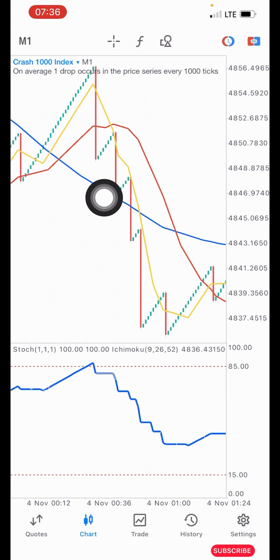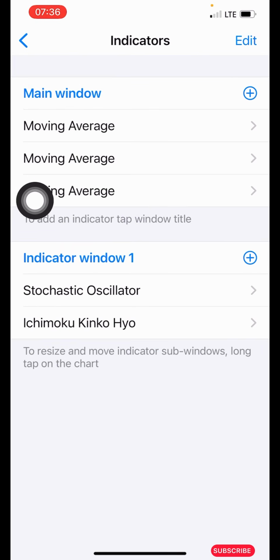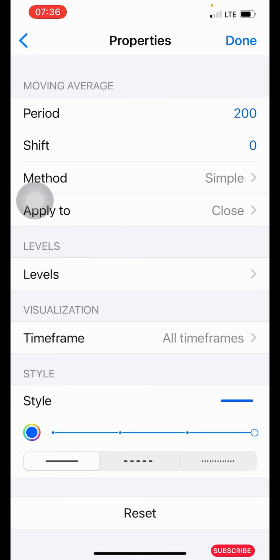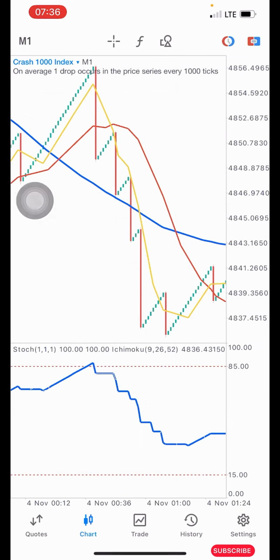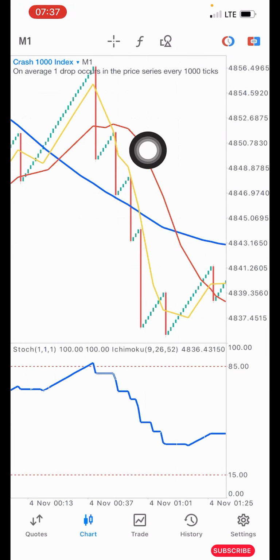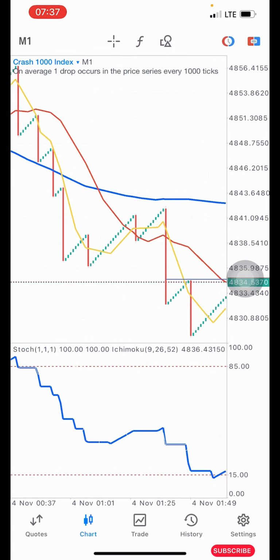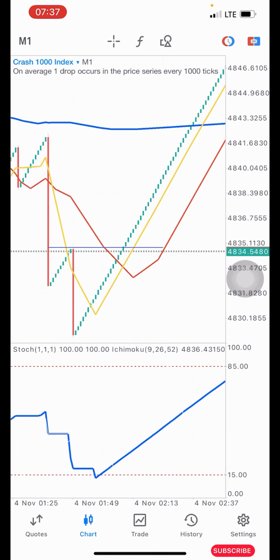This blue line is serving as your 200 moving average. Let me make the line bold so that it is thicker than the rest of them. So this yellow and the red line need to be below this area before you apply any of the conditions I've mentioned earlier. Now you can see that it's below it.